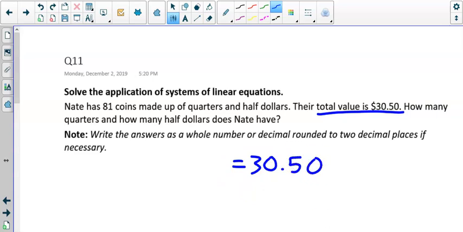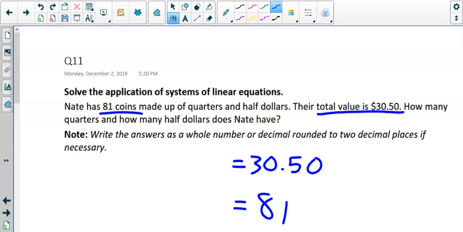Do I have another total? Yeah, 81. That's how I know this is standard form. I have totals, and standard form is always equal to a total. Now we just need to write out the equations to these.